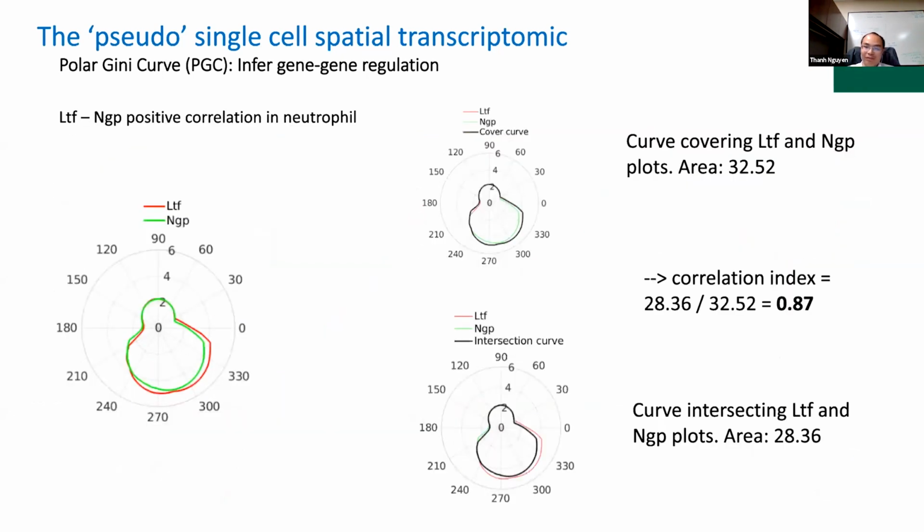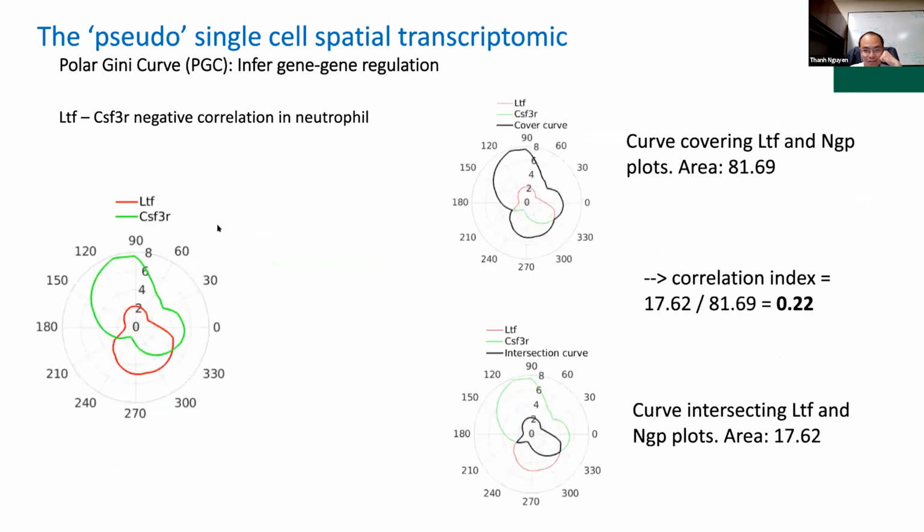To quantify how similar the 2 curves are, we plot them together, and then we can take the bounding curve and the intersecting curve for these 2 genes.